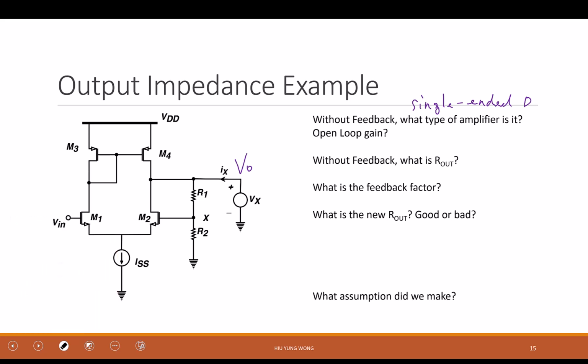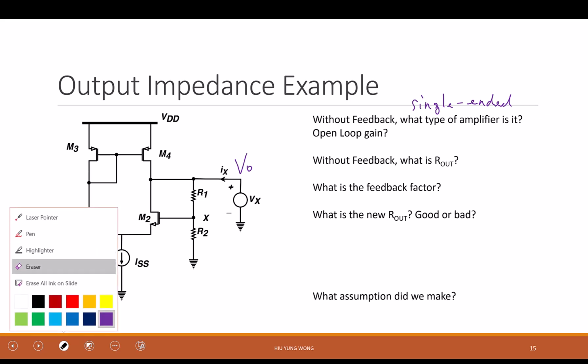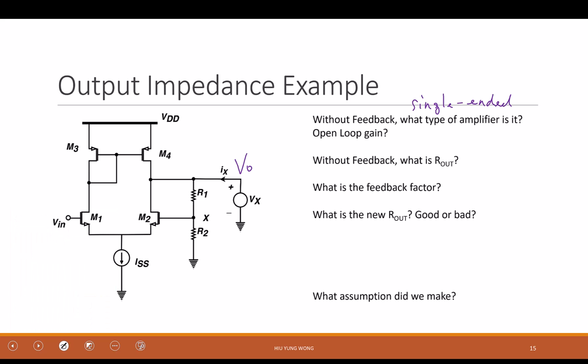When there's no feedback, then it is still differential. We cannot say the circuit is differential, but in this whole process you are not applying a differential signal. However, the equation is still correct, right? So this is a single-ended differential amplifier.